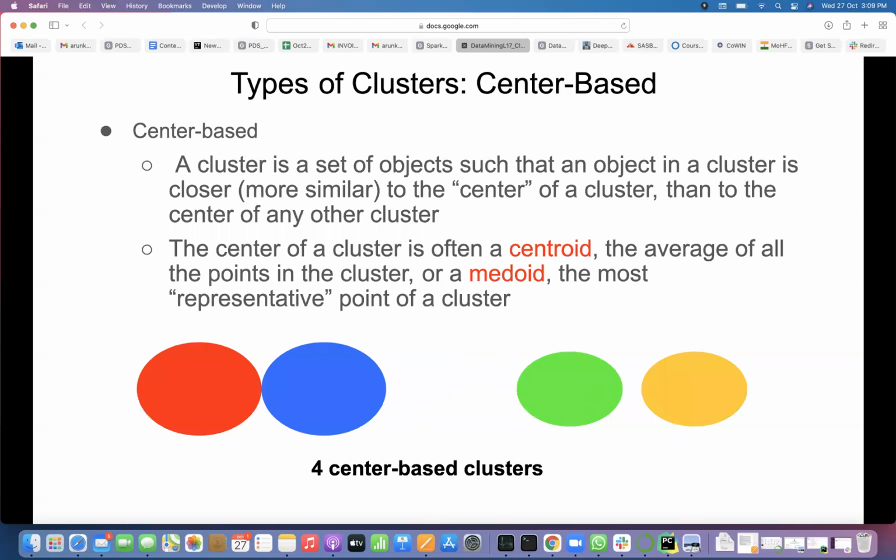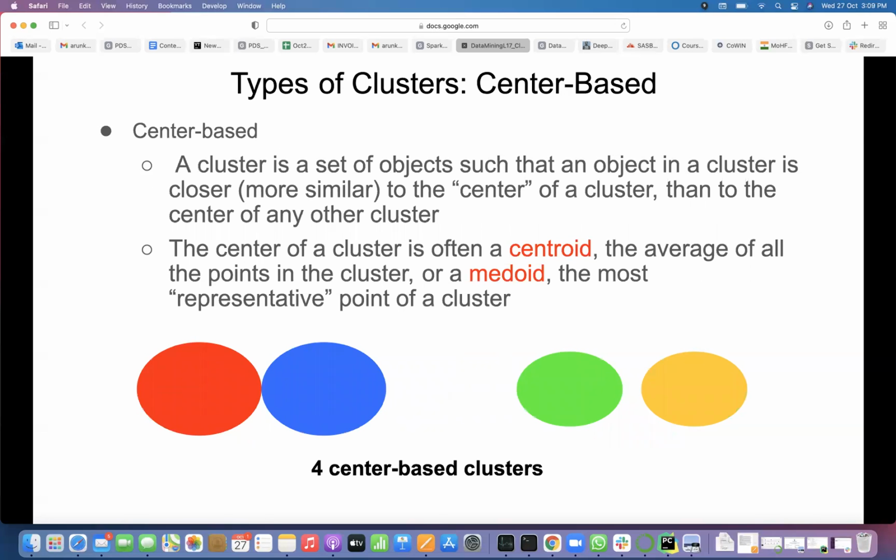Center-based. A cluster is a set of objects such that an object in a cluster is closer to the center of its cluster than to the center of any other cluster. The center of a cluster is often a centroid, the average of all the points in the cluster, or a medoid, the most representative point of a cluster.